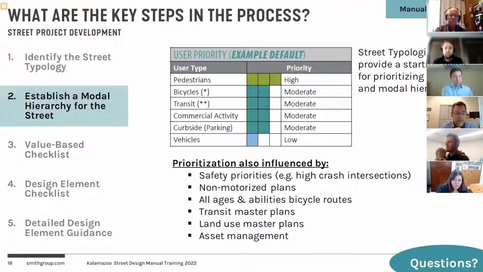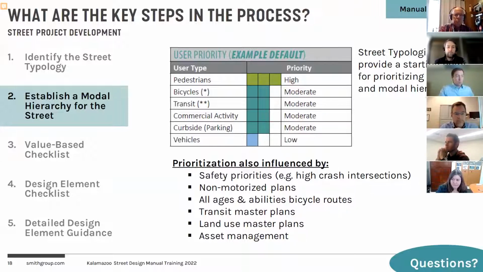Definitely want to put bicycle out there. If that's not really the intention, but it's a major transit route, maybe bicyclists drop down and transit goes up, right? So these are the different kinds of trade-offs that you want to look at, and you can see some of the categories there that we're looking at.